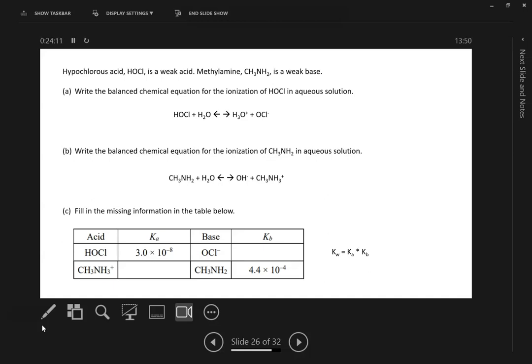So to find the Kb for OCl minus, we're just going to take Kw divided by Ka. Pretty straightforward. When we do, we get 3.33 times 10 to the minus 7th. And for CH3NH3 plus, the Ka is just going to be equal to the Kw for water divided by the Kb for methylamine. Again, a straightforward calculation, 2.27 times 10 to the minus 11th.